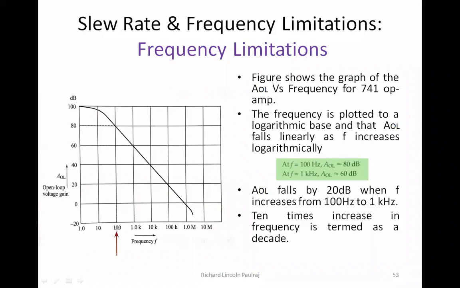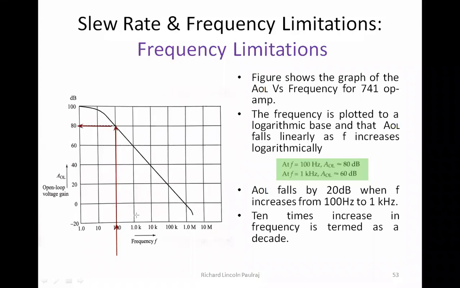Yes, it's here, at this point. At f equal to 100 hertz, AOL is approximately 80, so you should see where it is meeting. It is meeting at this point, so we have about 80 dB.